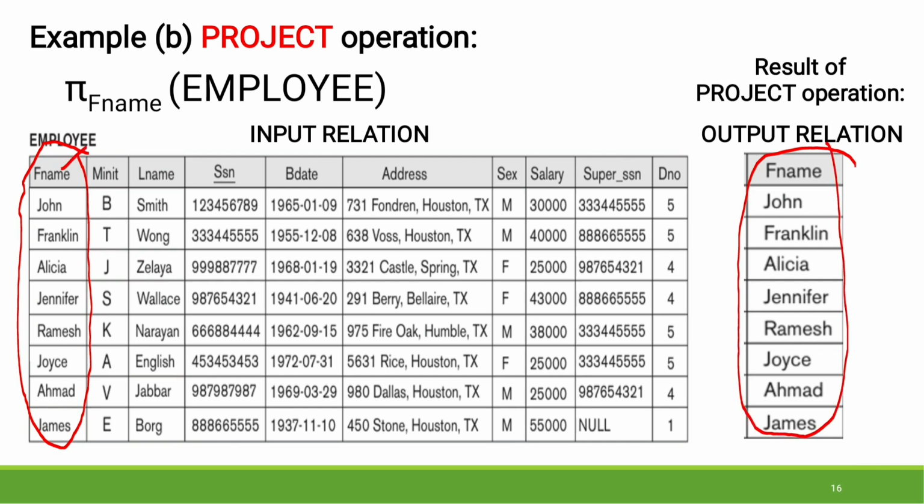So 8 rows are in the input relation, and all the 8 rows are present. In the first row John, here also John, in the second row Franklin, so Franklin. That way in each row whatever data is there is present in the output relation. That is what this relational algebraic expression for project operation does.